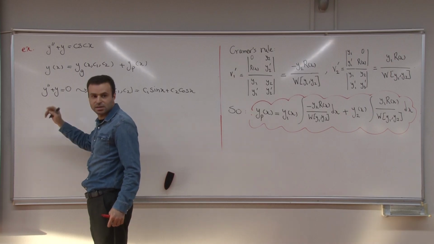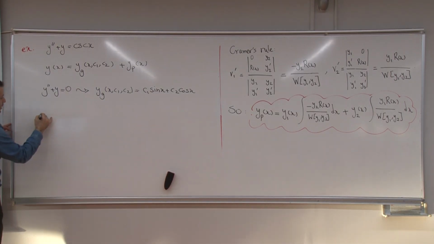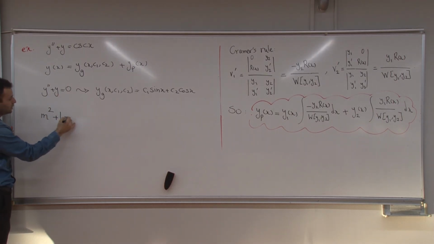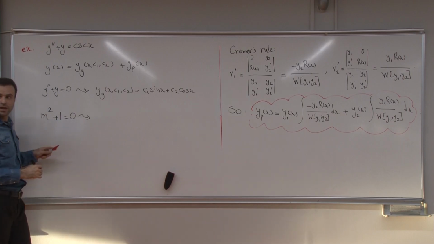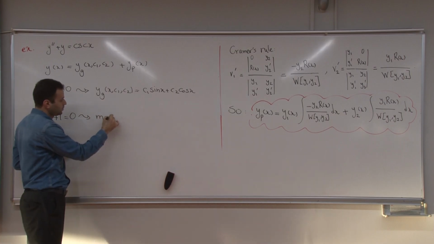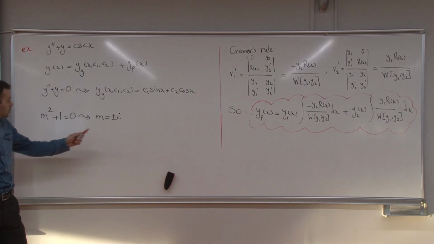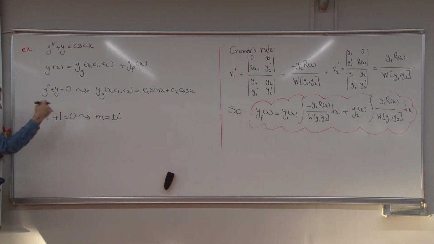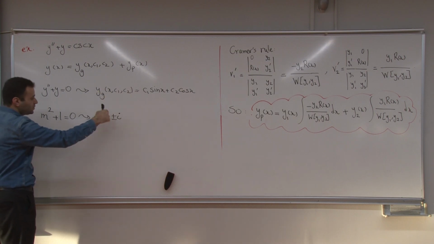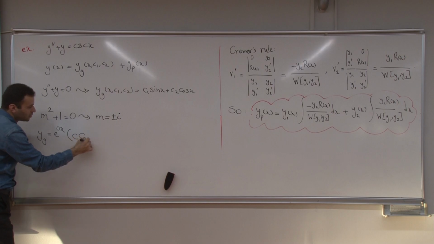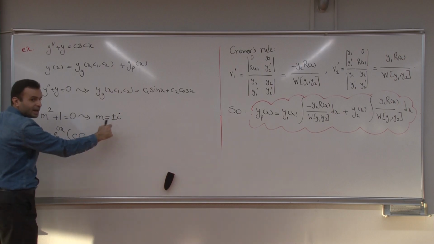So what is the characteristic equation of this? m to the power of 2 plus 0 times m plus 1 equal to 0. From here, what do I have for m? It is not real, yes. So what is our general solution as we have discussed? Our general solution is going to be e to the power of ax, which is e to the power of 0x, times c1 cosine of bx.